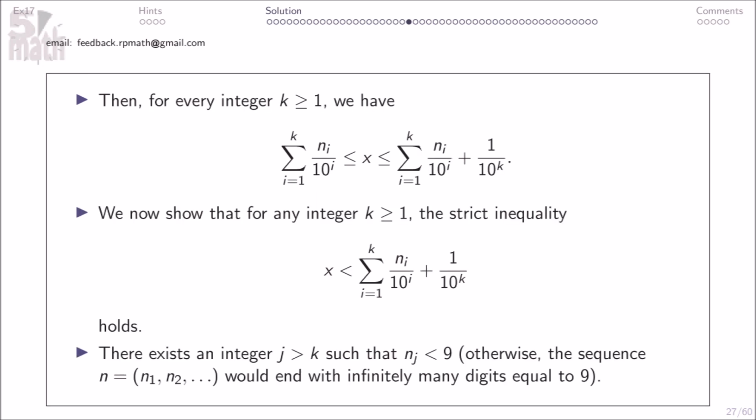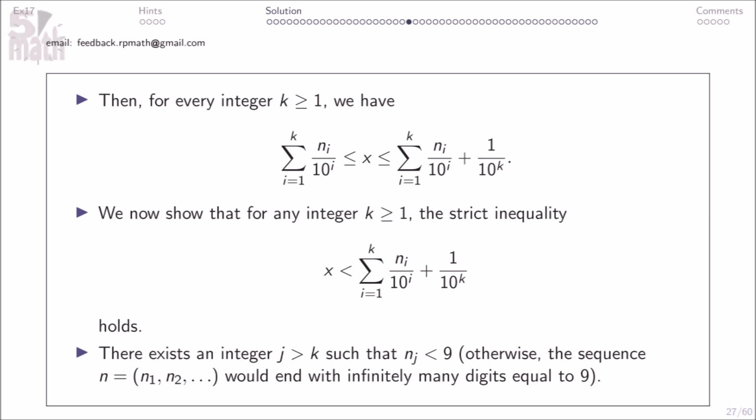Then, for every integer k greater than or equal to 1, we have x in between these. We now show that for any integer k greater than or equal to 1, the strict inequality x less than this holds. There exists an integer j greater than k such that n_j is less than 9.